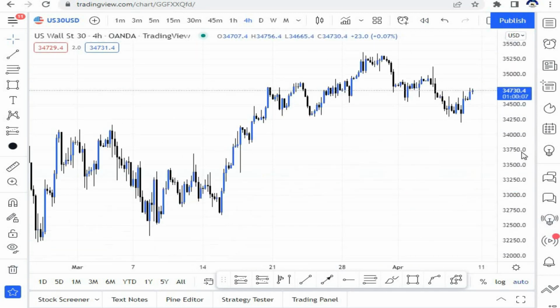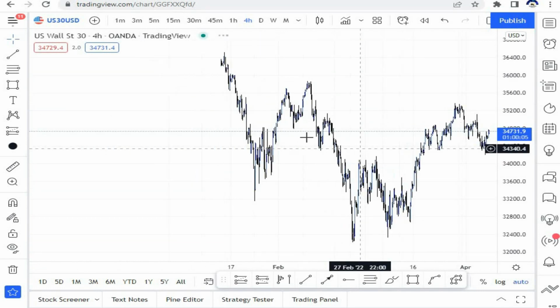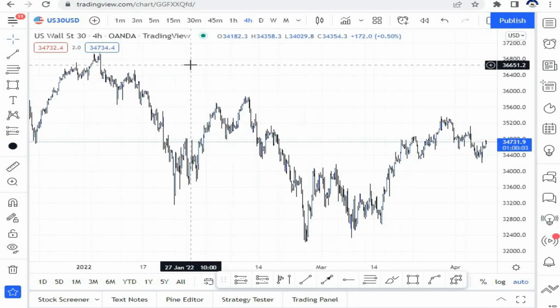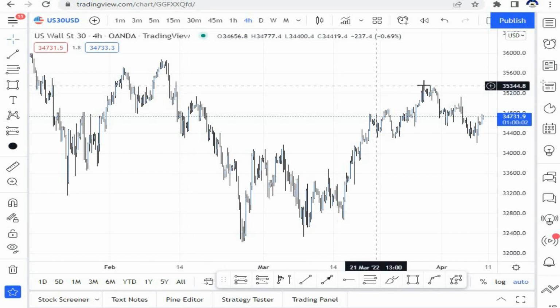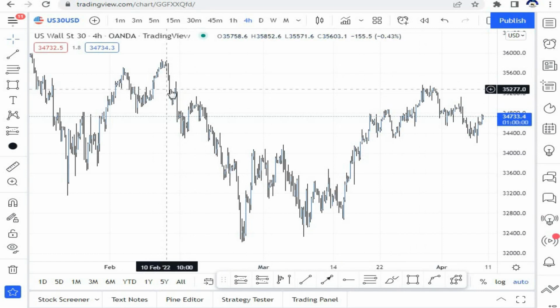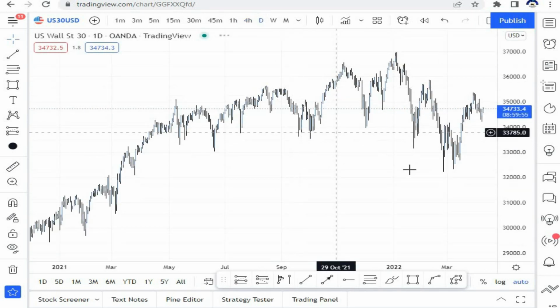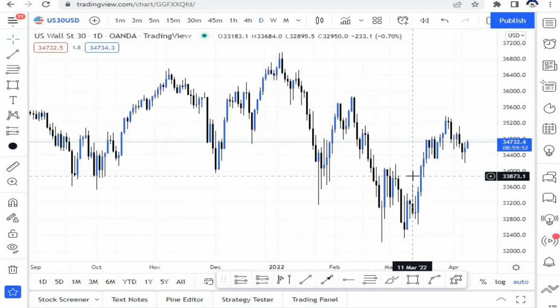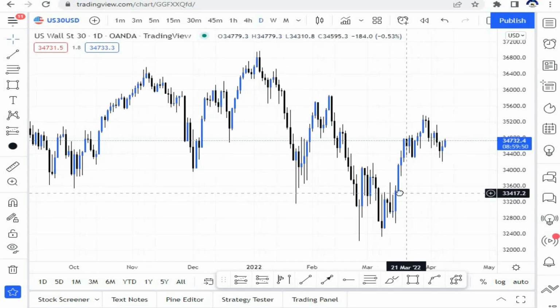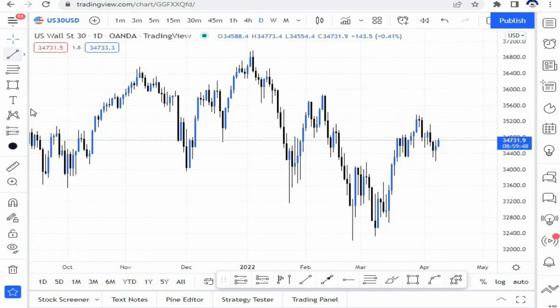As you can see here, guys, here where the price did come back to this zone, the price just came back there in reverse. If we go to daily time frame, you find out that the price is giving you those two candlesticks right there.